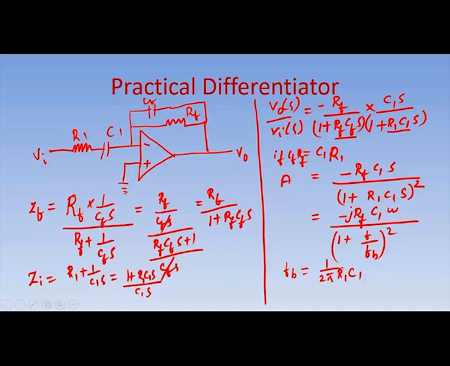So, here the gain is actually minus RF C1 j omega divided by 1 plus F by Fb, the whole square.